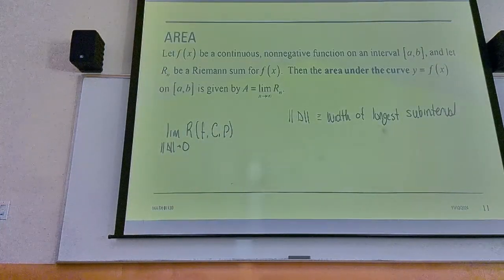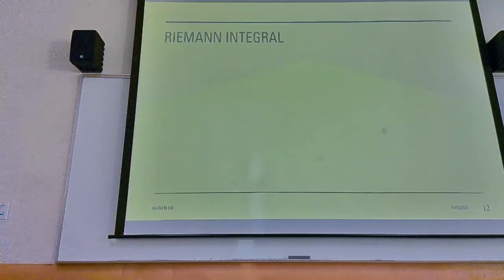Well, judging by that, areas are a bit of a pain to find. This leads us to the Riemann integral.